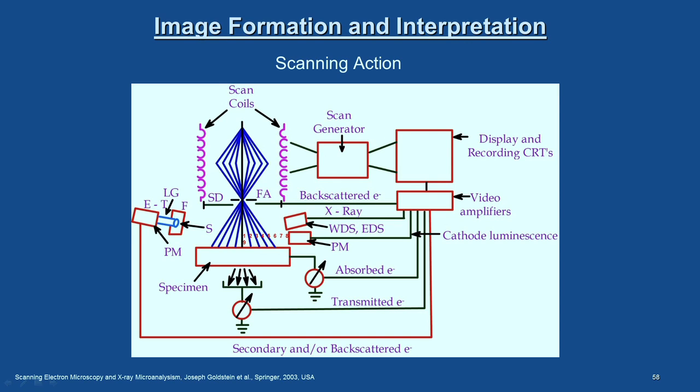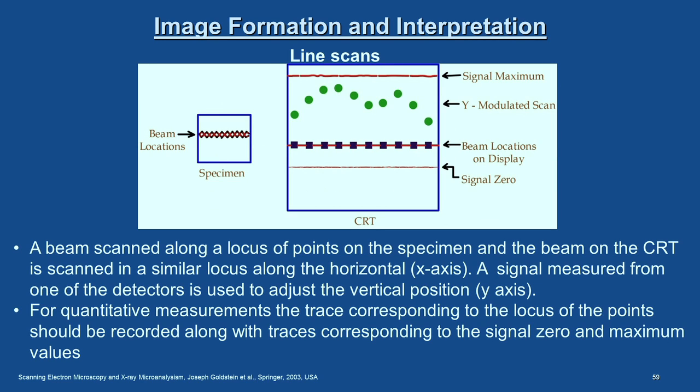Similarly, the scanning action is also possible in the y direction. Then you collect the signals and interpret the images and so on. Now, with that background, we will get into the first, line scans.